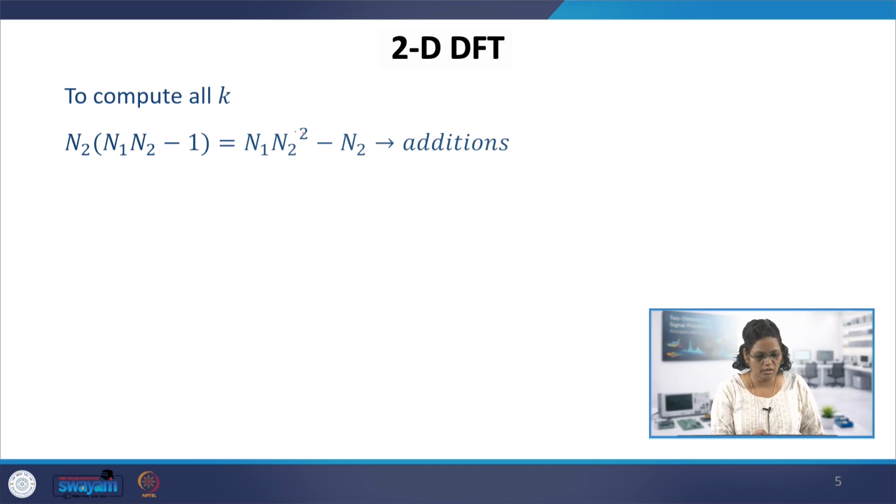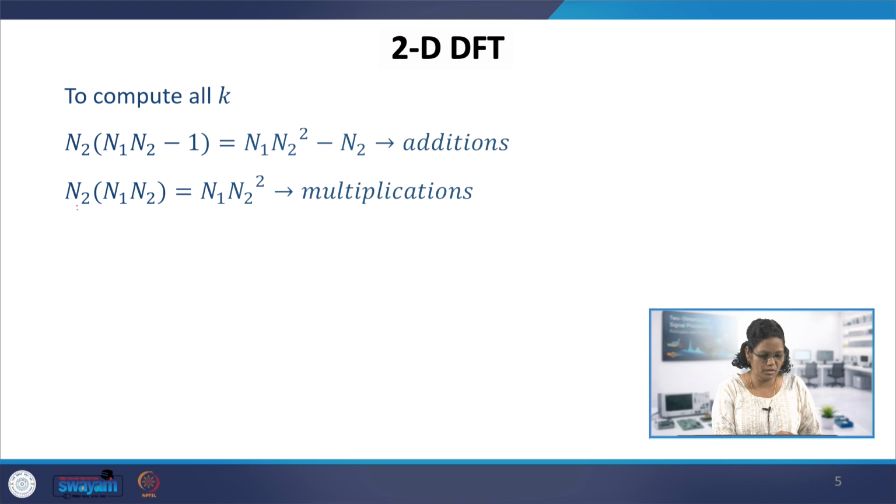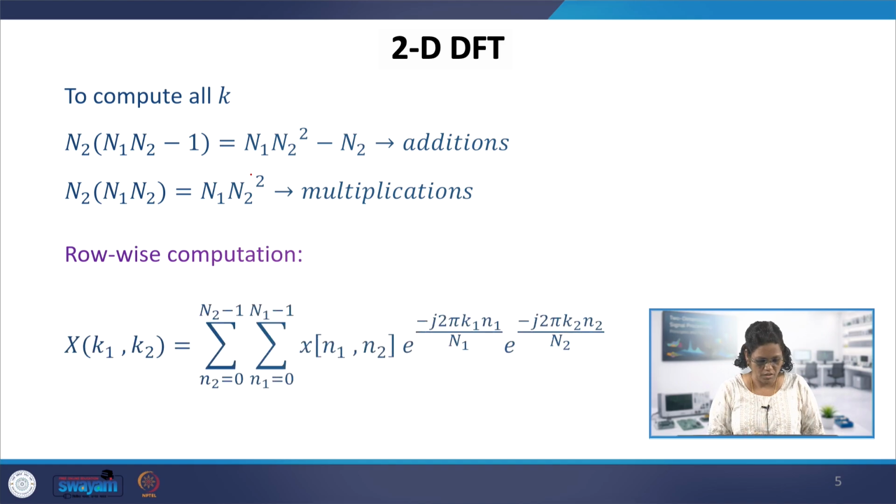So, that is n1 n2 square minus n2. This is a small number compared to the other terms, so it can be neglected. Similarly, n1 n2 multiplications should be done for n2 such rows, so you would get n1 n2 square multiplications. So, this is the case of the row-wise computation.